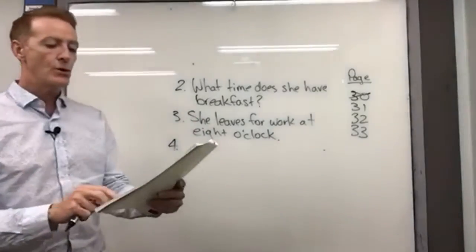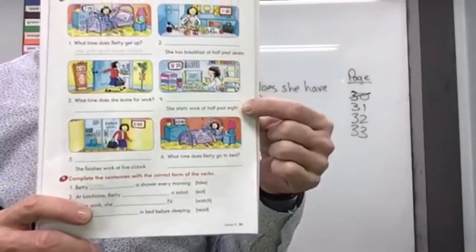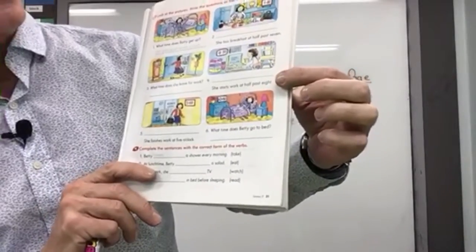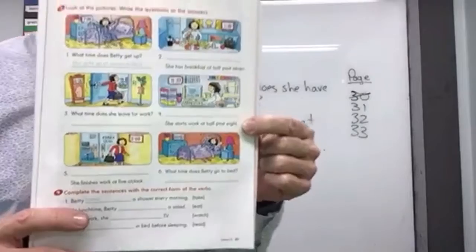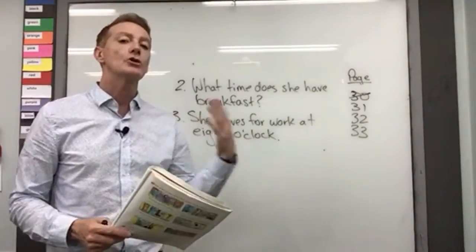Let's do number 4. So number 4 already has the answer. So we have to make a question. The answer is, she starts work at 8:30. So make a question.